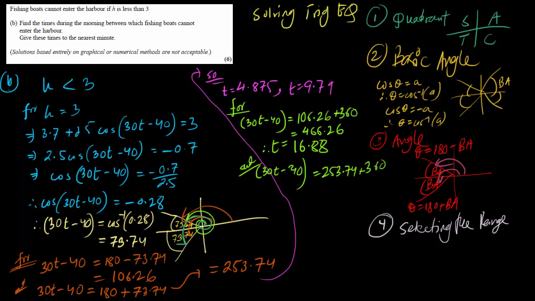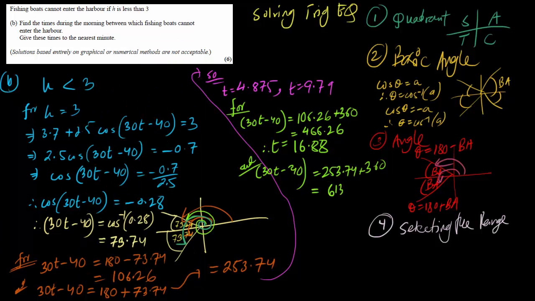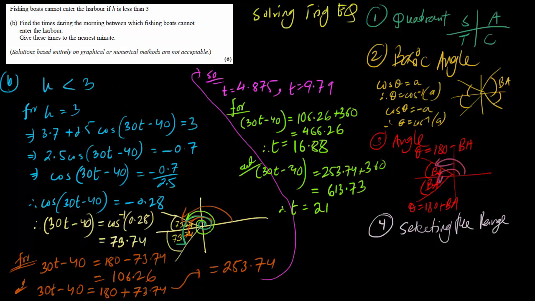So this turns out to be 253.74 plus 360 degrees, 613.74. Therefore, t equals, so we have to add 40 to this and then we have to divide by 30, and it becomes 21.79. Still in the range, 21.79.